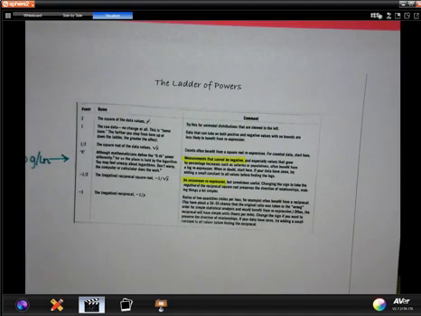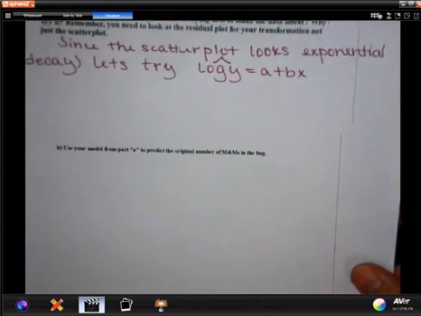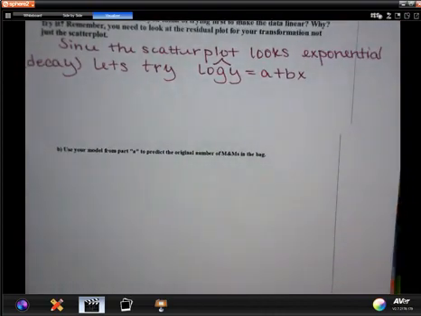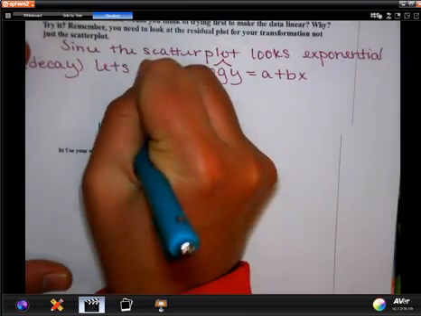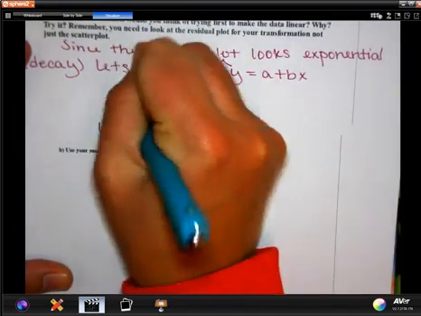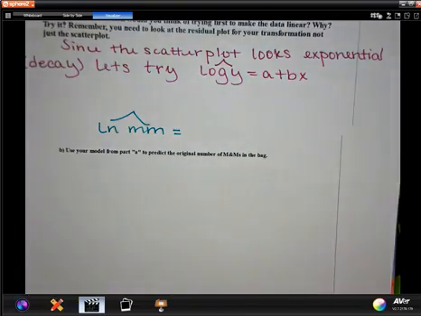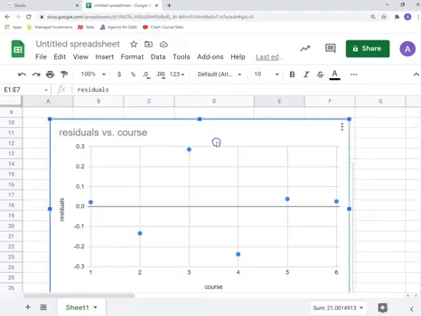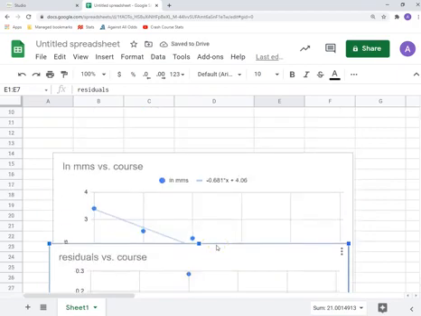So then the last thing, we have to use our model. Oh, I should have written this down. We had natural log of M&Ms was equal to, what was it? That one. Negative 0.681x plus 4.06.